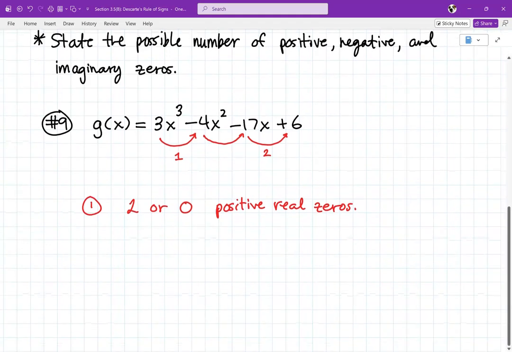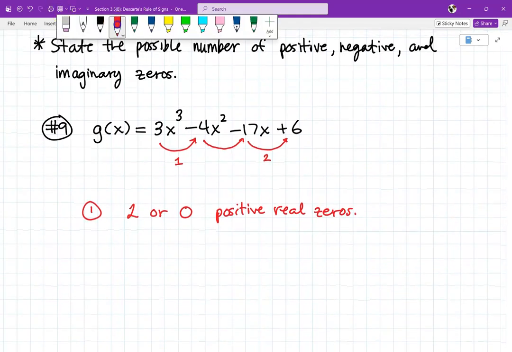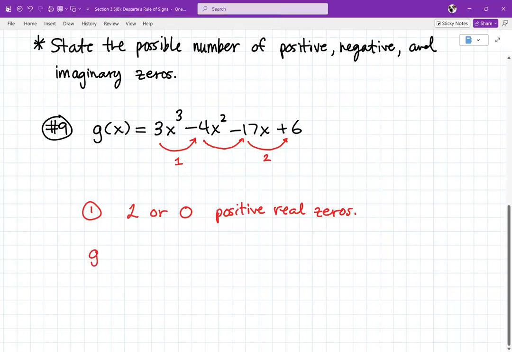Let's find g of negative x. So g of negative x. That means I'm going to plug in negative x into this function right here. Instead of x here, I'm going to plug in negative x. So here you go.